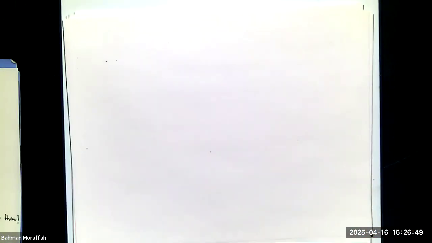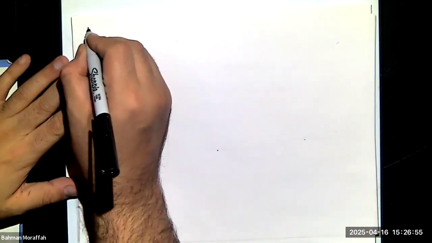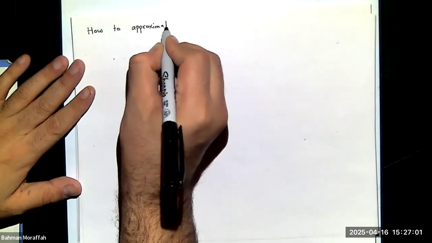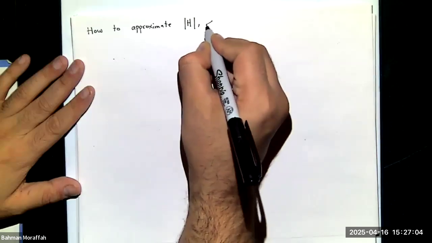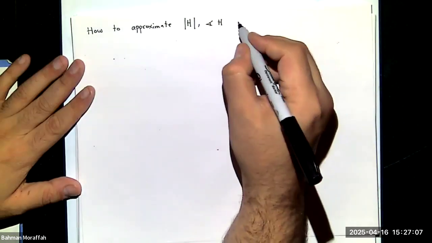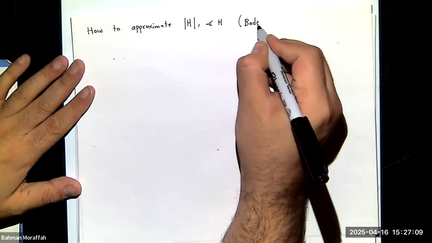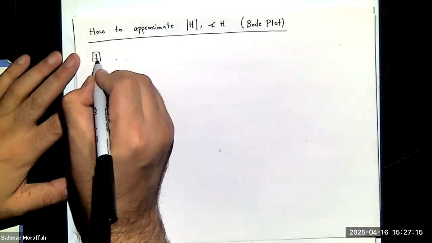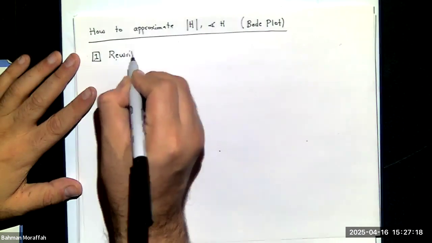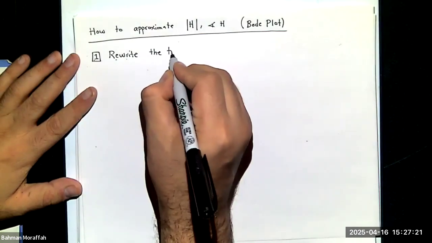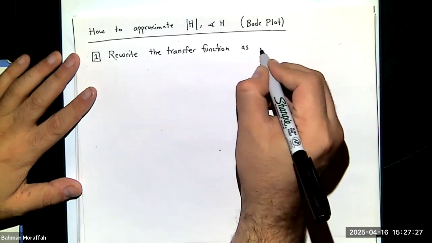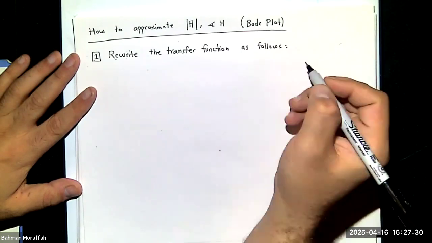Let me just quickly go over the recipe that we have as to how we can approximate this H. So how to approximate this absolute value of H and the phase of H, which we call the Bode. Step 1, we're going to rewrite the transfer function to look like the transfer function that we worked with.